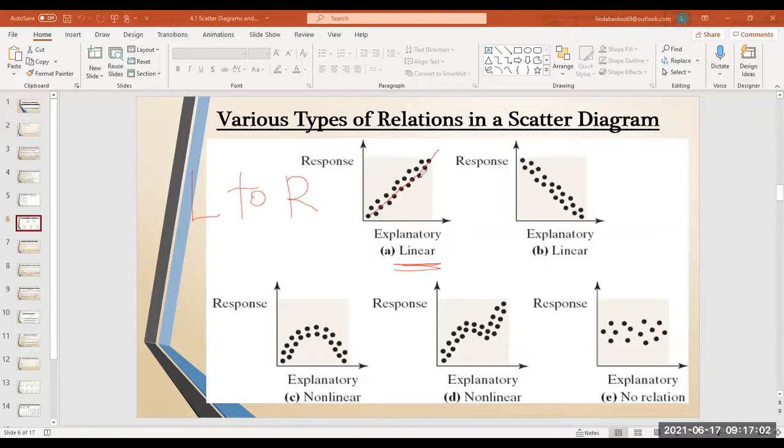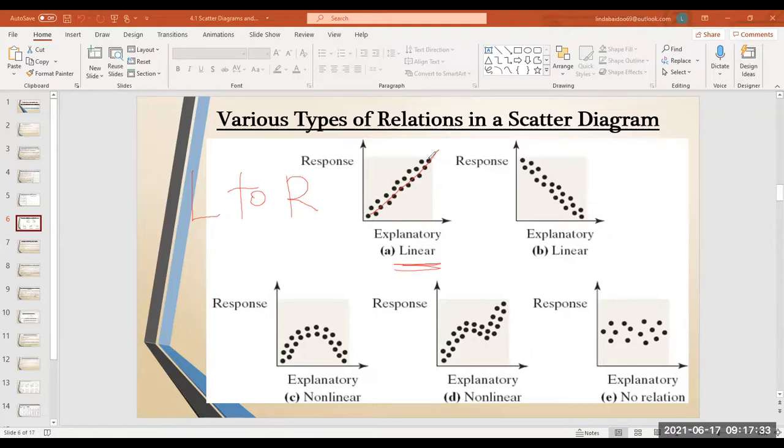From left to right, it's increasing, and in algebra, if it's increasing, it means it has a positive slope, or there is a positive relation between them. But for the scatter diagram, we just want you to show whether it is linear or not. Later on, we will come across the positive slope and the rest, but for now, we just want the linear.